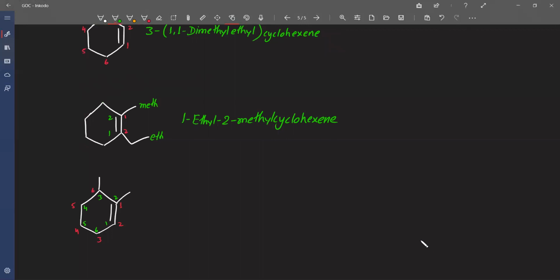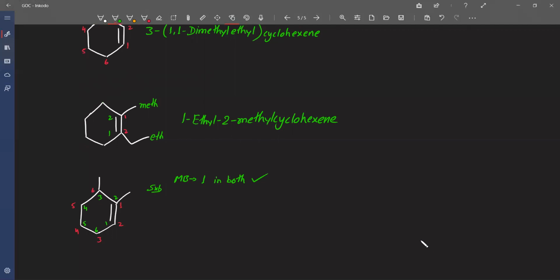Green color is right. If you see the green color, whether I take the red one or the green one, the multiple bond position is 1 in both cases.